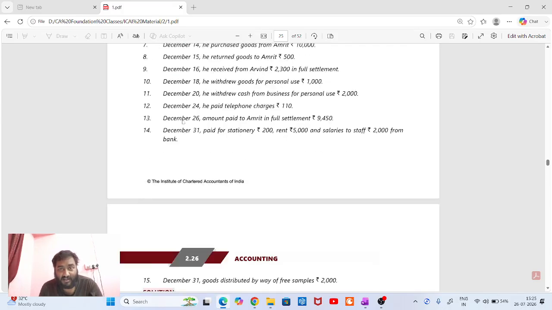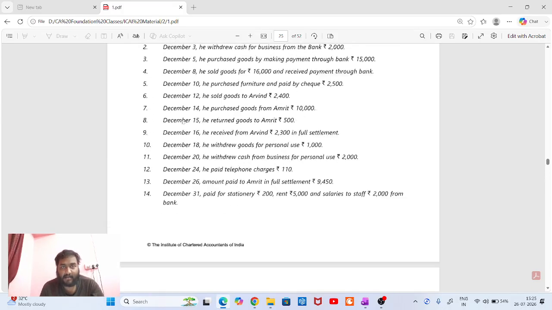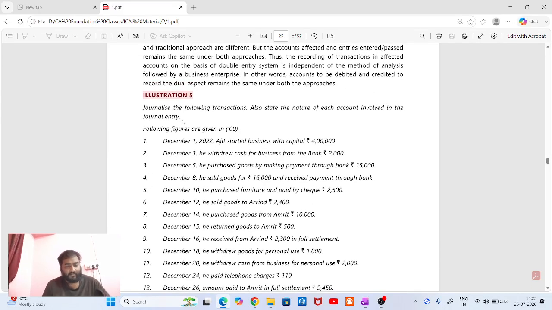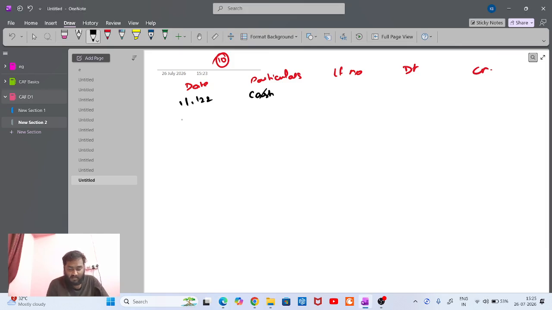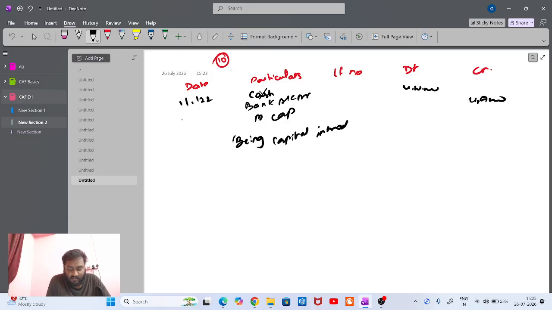Bank account debit, bank account debit to capital account. What is the amount? 4 lakh rupees. Being, this is a narrative: being capital introduced.